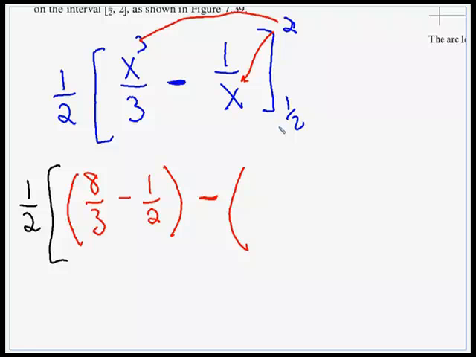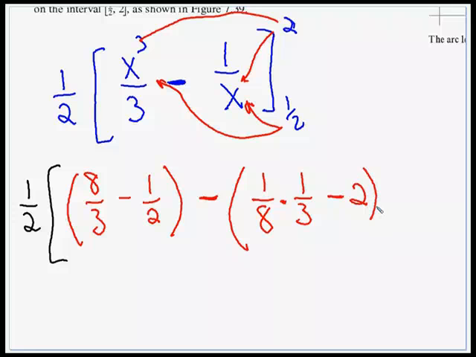Plug in the 1/2. 1/2 to the third is 1/8. 1/8 divided by 3, or times its reciprocal, times 1/3. So here we're going to have 1/8 times a third. And then minus, we plug the 1/2 in here. 1 over 1/2 multiplied by the reciprocal. That'll turn into a 2.